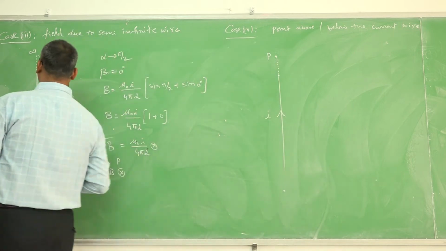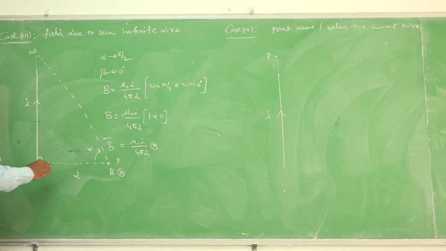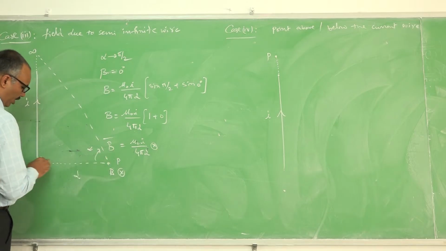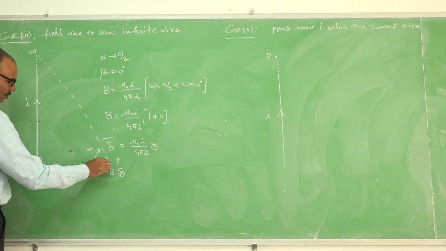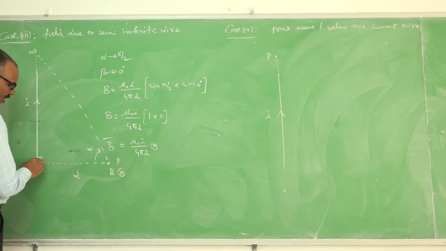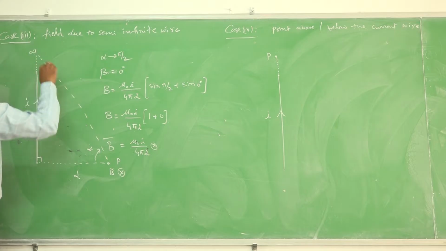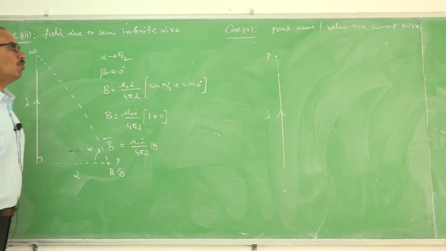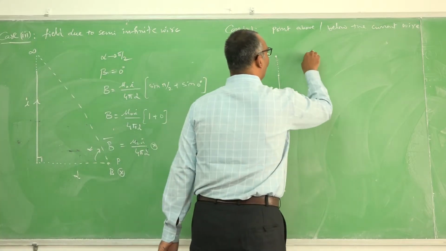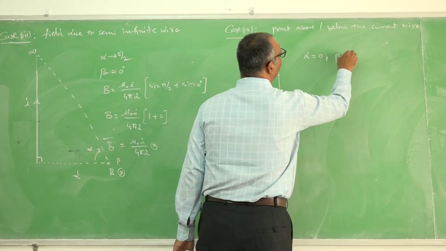Here you observe clearly. Alpha is the angle made between the line joining the end of the conductor and the point, and the line joining the conductor and the point. Here both lines are same. So alpha is 0, beta is 0.